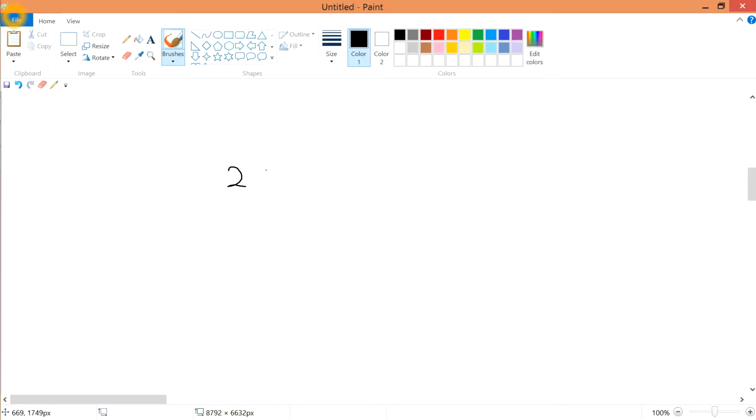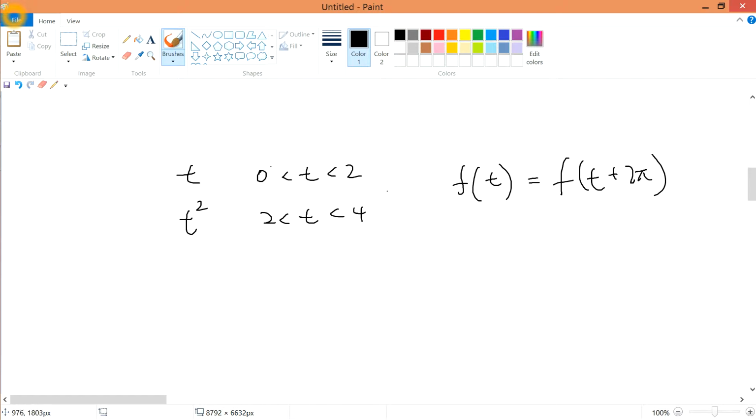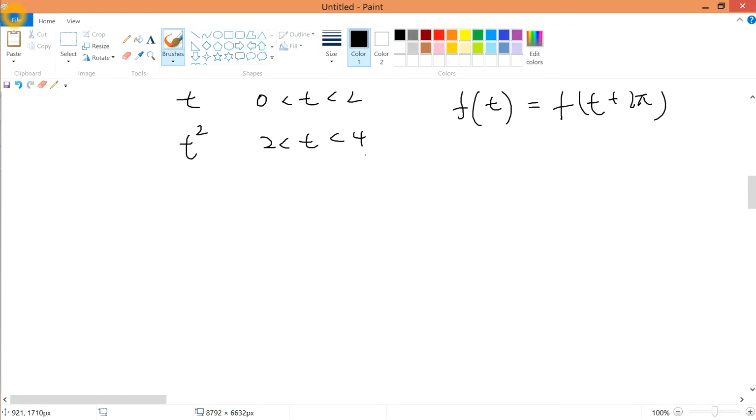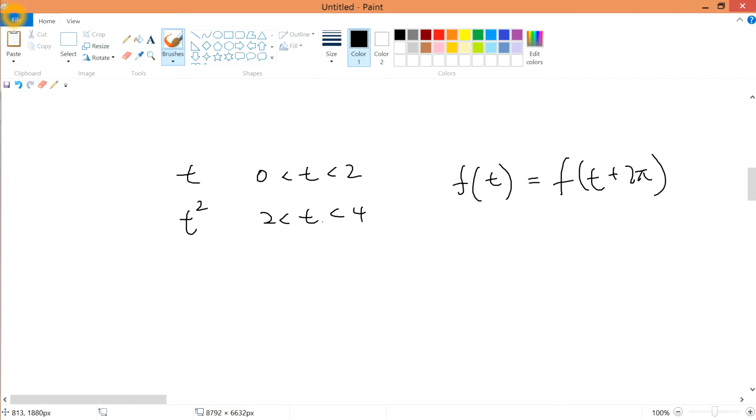You have some periods. Normally the Fourier series will have some interval. For example, a typical type of question on a Fourier series, not trigonometry anymore. Take a look: the time interval 0 to 2 is just t.